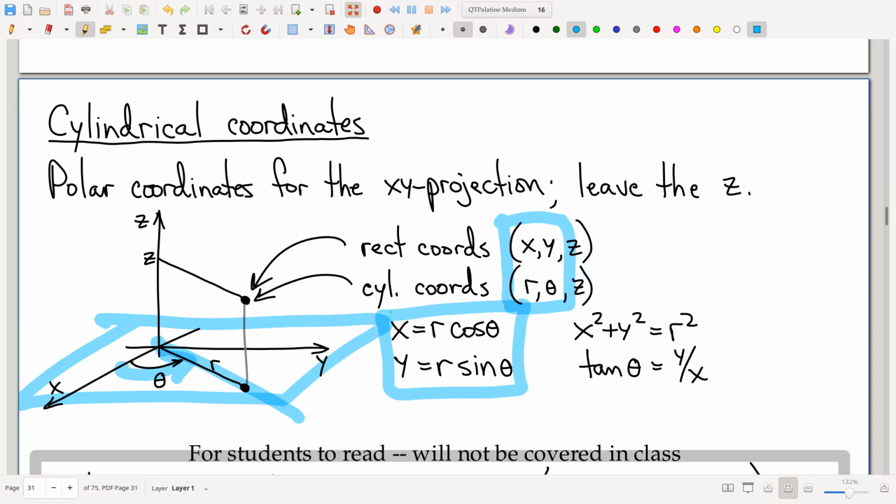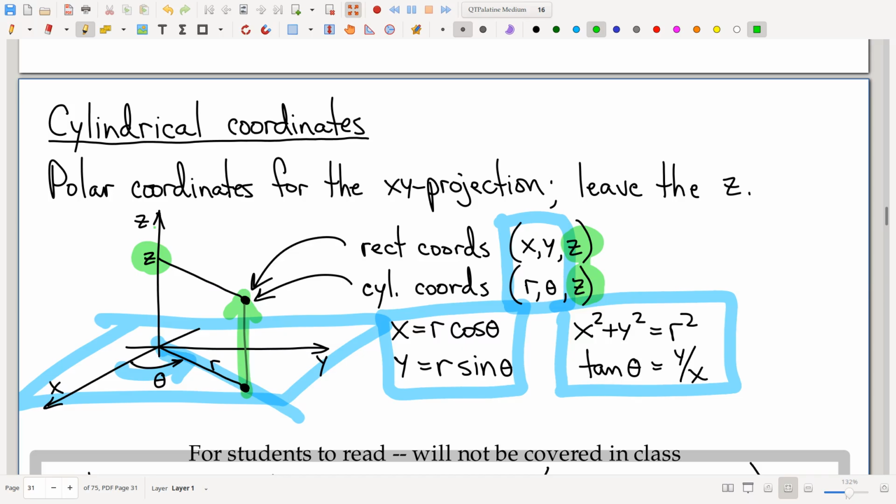The converting backwards also similar. The only thing that's new is, well, now it's 3 dimensions, so now, yes, there is this third coordinate. There is this z coordinate. And conveniently, the rectangular z is the cylindrical z.